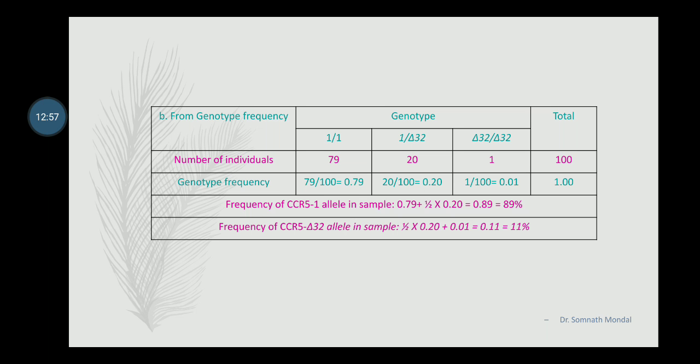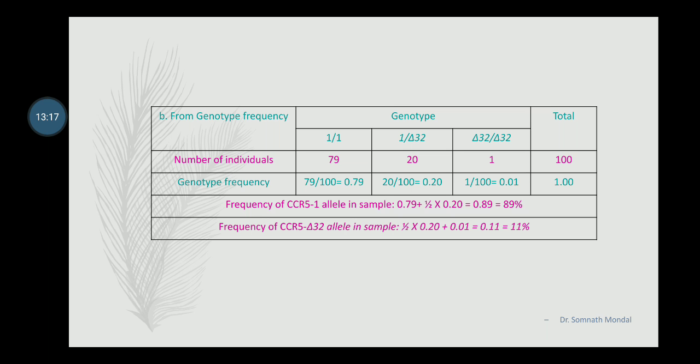Out of 100, 0.20 is the genotypic frequency of heterozygous, and 1 out of 100, that is 0.01, is the genotypic frequency of del 32, the homozygous recessive genotype.